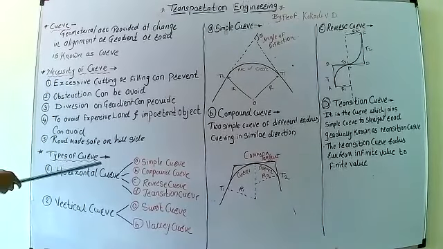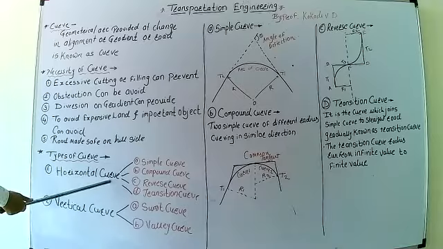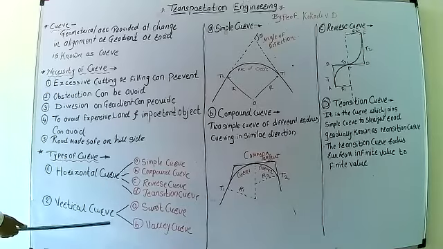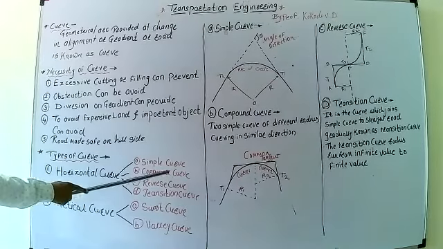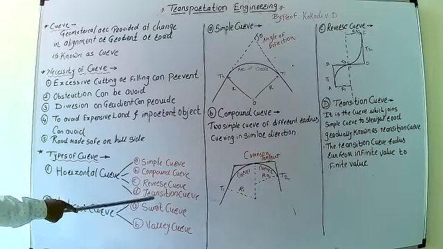The type of curve is an important topic, where the basis is the horizontal plane and the vertical plane. We have simply classified curves into two types: horizontal curve and vertical curve. In a horizontal curve, there are four different types: simple curve, compound curve, reverse curve, and transition curve.